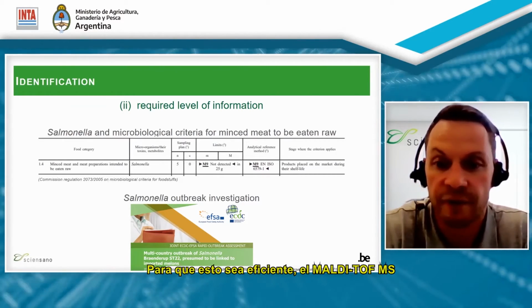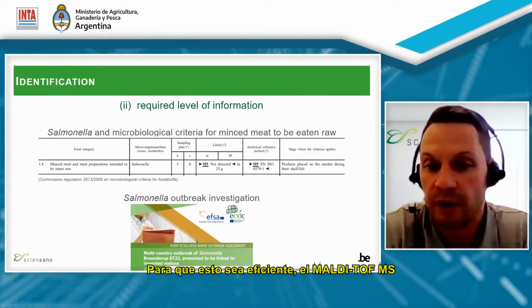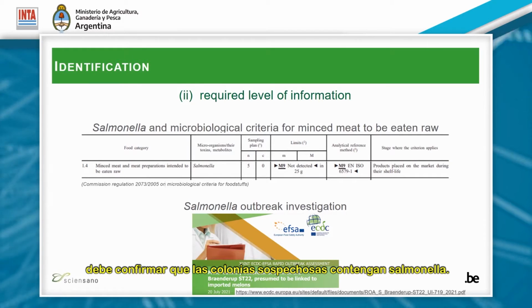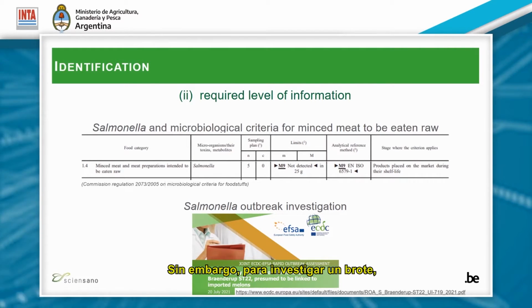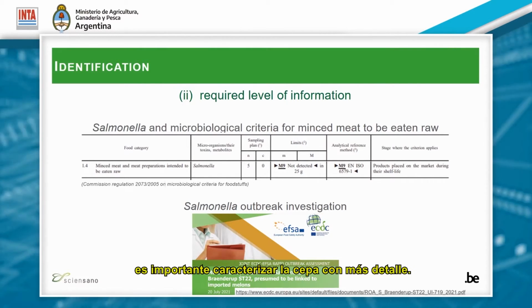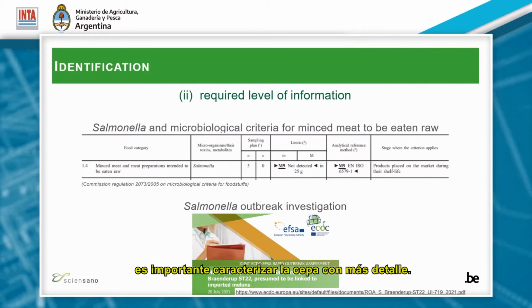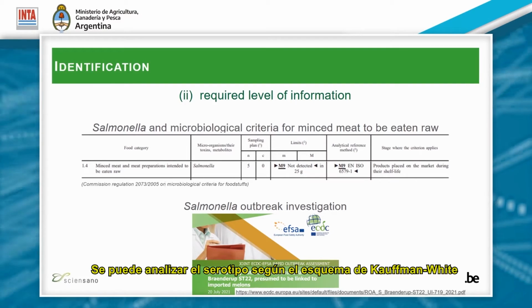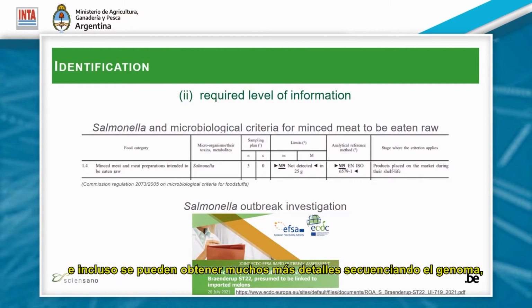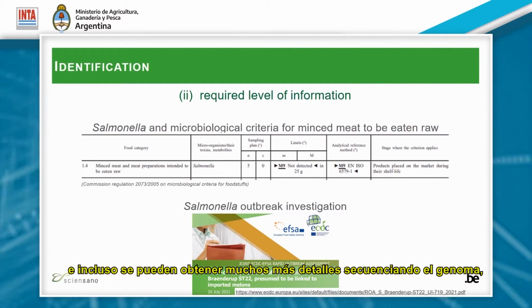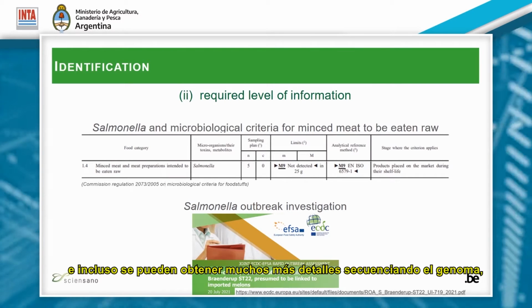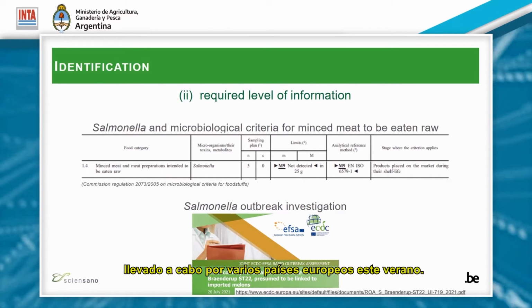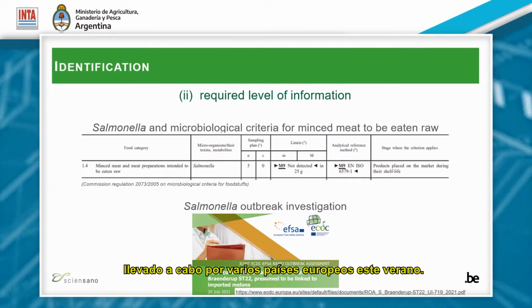For this, it is sufficient that, for example, with MALDI-TOF MS, suspected colonies are confirmed as being Salmonella. However, for outbreak investigation, it's important to characterize the strain in much more detail. We can do serotyping according to the Kaufman-White scheme, and we can even go much more in detail using whole genome sequencing, as was done during a recent multi-country outbreak investigation this summer in Europe.